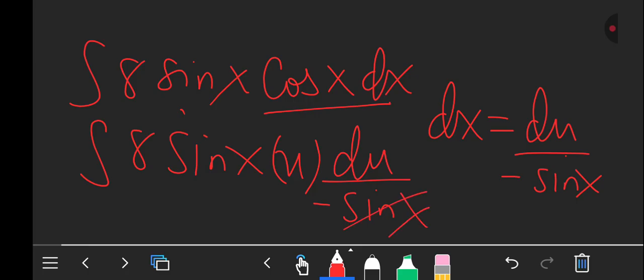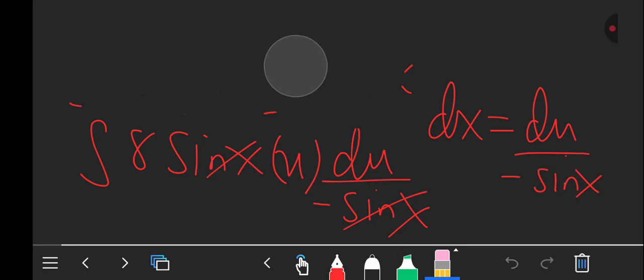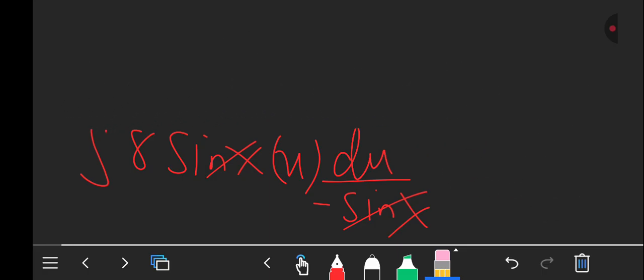So sin x and sin x will cancel. What we are going to remain with will just be the integral of 8. Of course there was a negative here, so we get negative 8 u du. This is what we remained with.